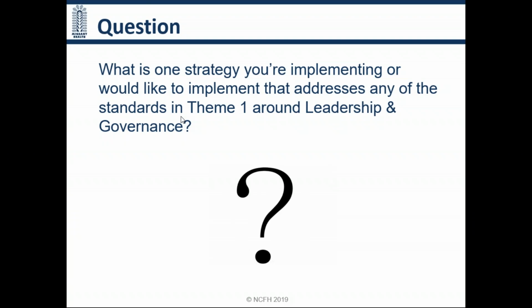But that's really important to see from leadership. And that's all in this first theme, what theme 1 is about. You want to make sure that they're knowledgeable around CLAS and that they're championing it, in a way. All right, so let's move right along here.